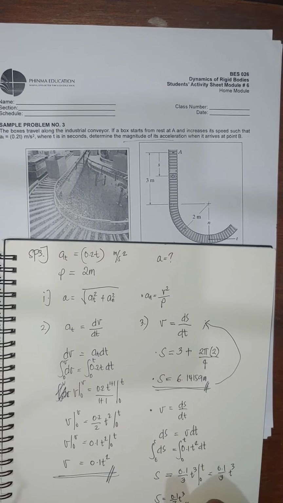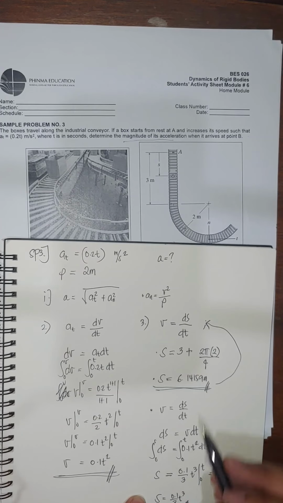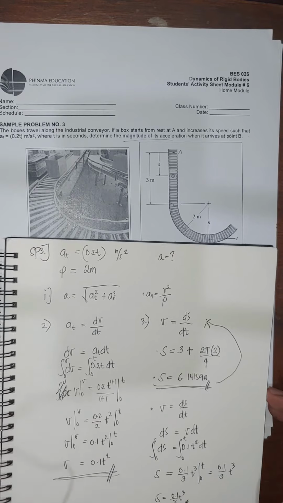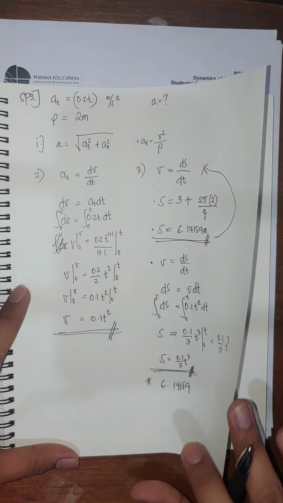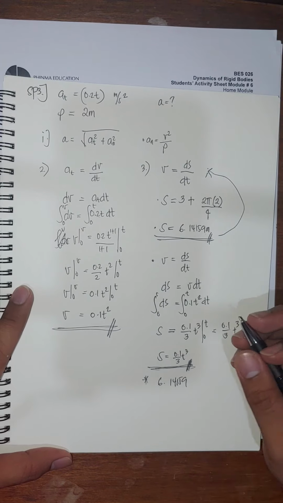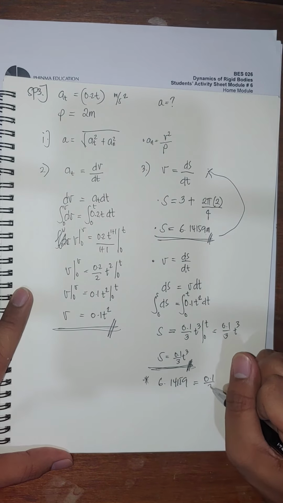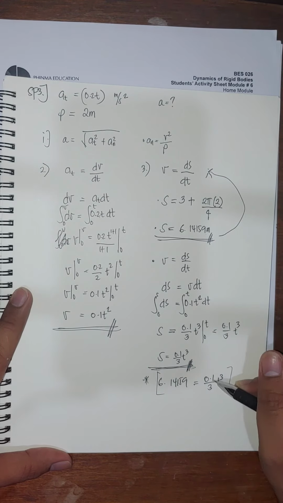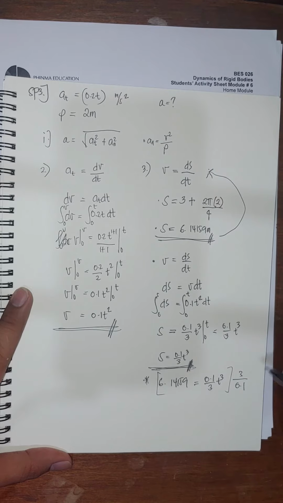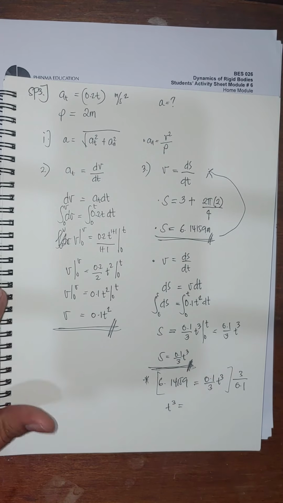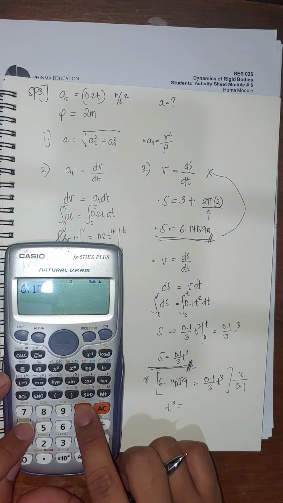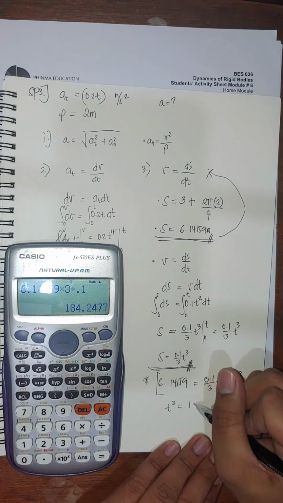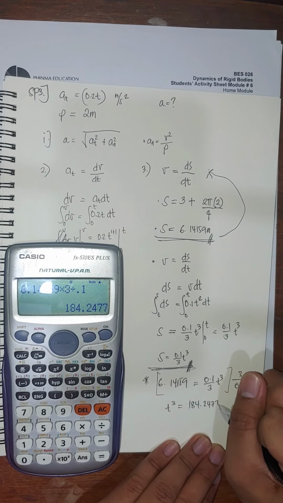From this equation we can get the time. Substituting the value 6.14159 meters, what is the time t? Multiplying the whole equation by the reciprocal so that it cancels, we have t cubed equal to 6.14159 times 3 divided by 0.1, which is equal to 184.2477.